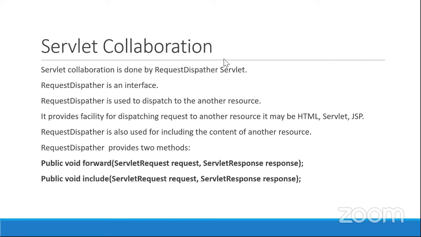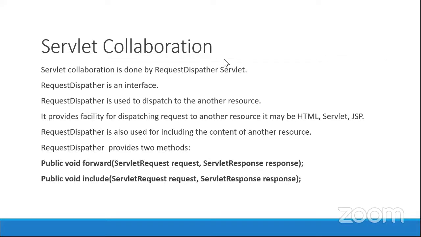This servlet collaboration is achieved with the help of the RequestDispatcher interface. What is the need of this request dispatcher? In case we want to redirect or dispatch a request from one resource to another resource, we can use this request dispatcher.